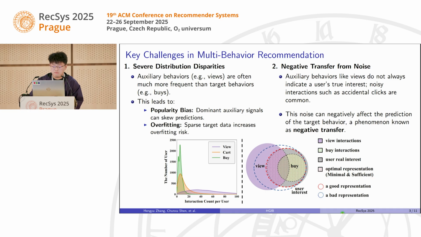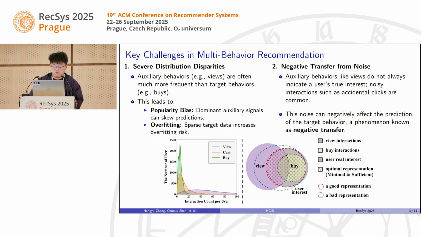And so this imbalance can lead to popularity bias from the dominant signal and increase the risk of overfitting on the sparse target data. And the second major challenge is negative transfer from the noisy behavior.